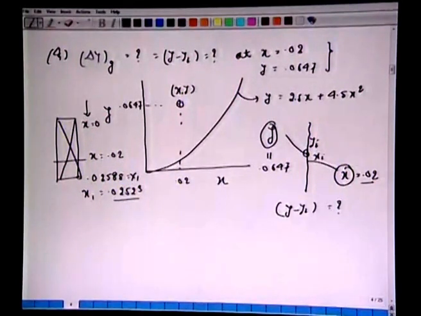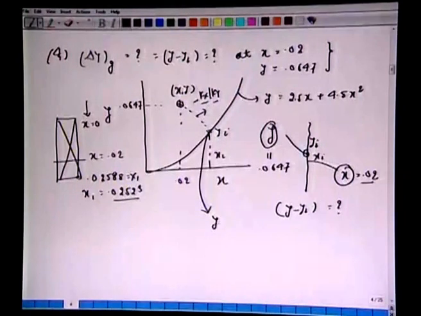So, what do we do? All we do, we draw a line on this curve with the slope minus kx over ky. The values of kx and ky are given to us. We take this line on this graph, and it intersects the curve at yi and xi. If you do this graphically, the coordinates will turn out to be yi equals 0.05477, and xi will turn out to be 0.0211.